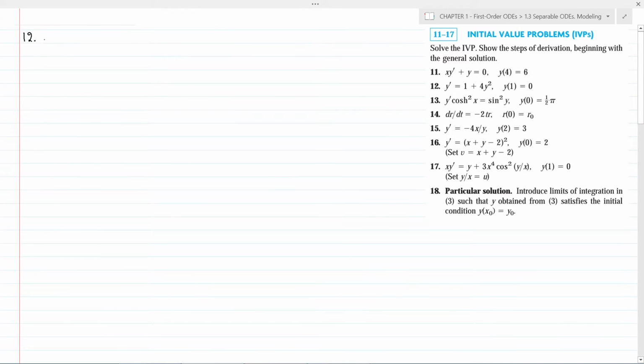Problem 12. The differential equation given is y' = 1 + 4y², and the initial value condition is y(1) = 0. We can write this as dy/(1 + 4y²) = dx.